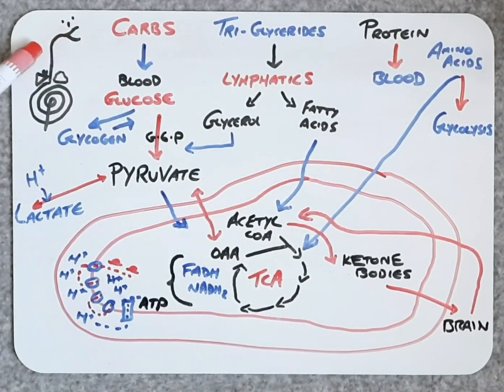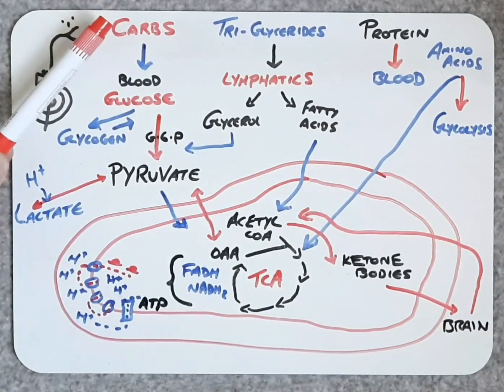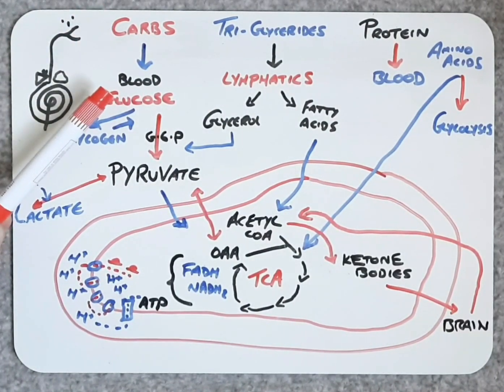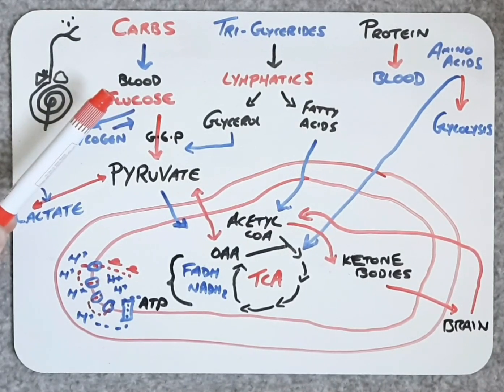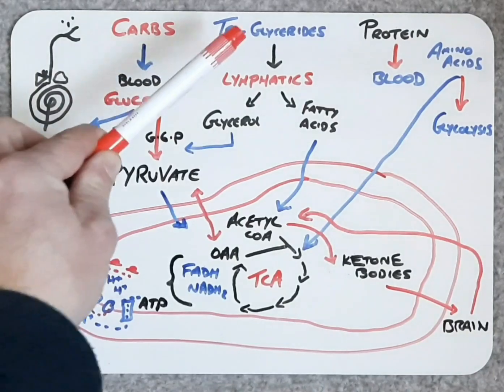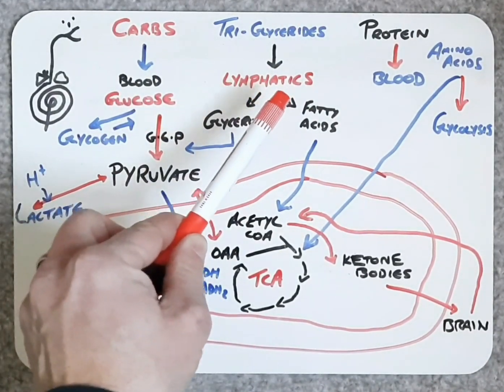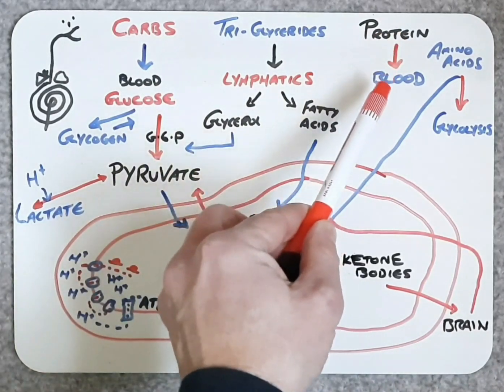Here we eat it in, and it goes all the way through the gastrointestinal tract, and eventually makes its way into each individual system. So the carbohydrates make their way into the blood, aiming for the liver. The triglycerides, the fats, make their way into the lymphatic system, the lymphatics. The protein also makes its way into the blood.